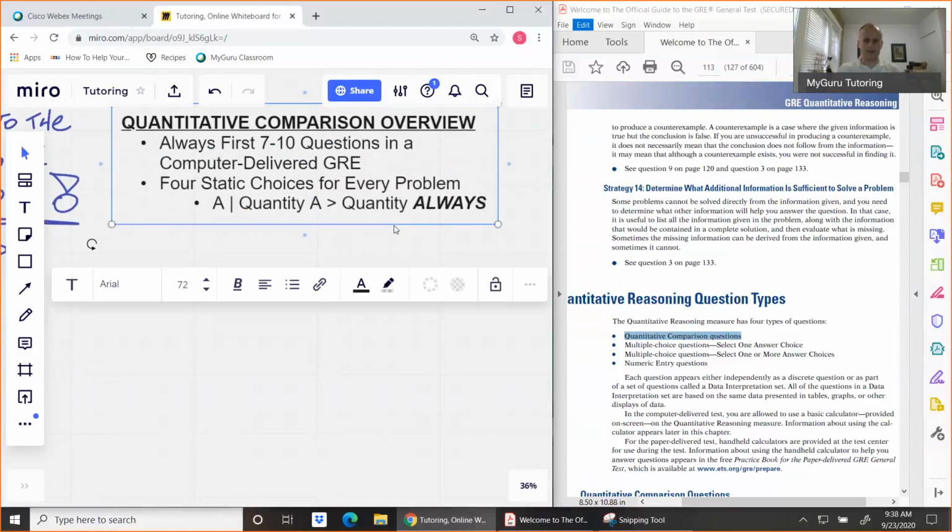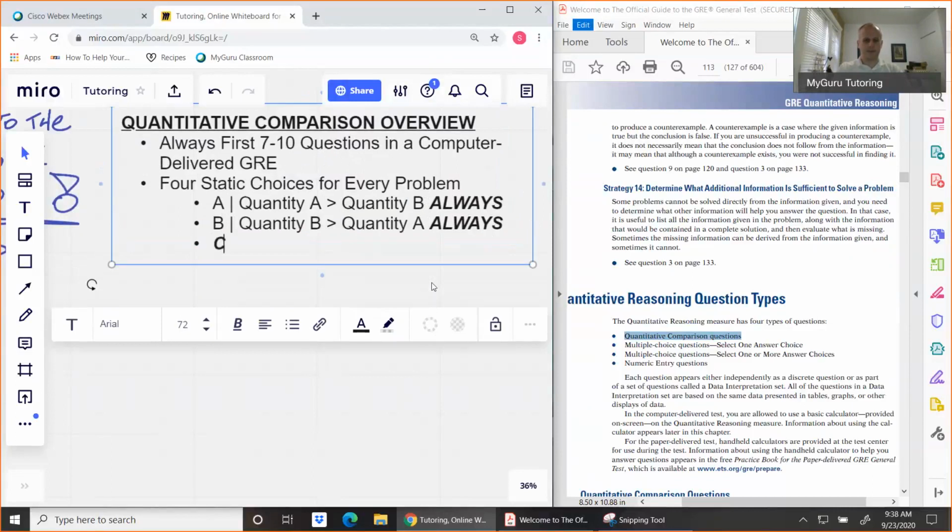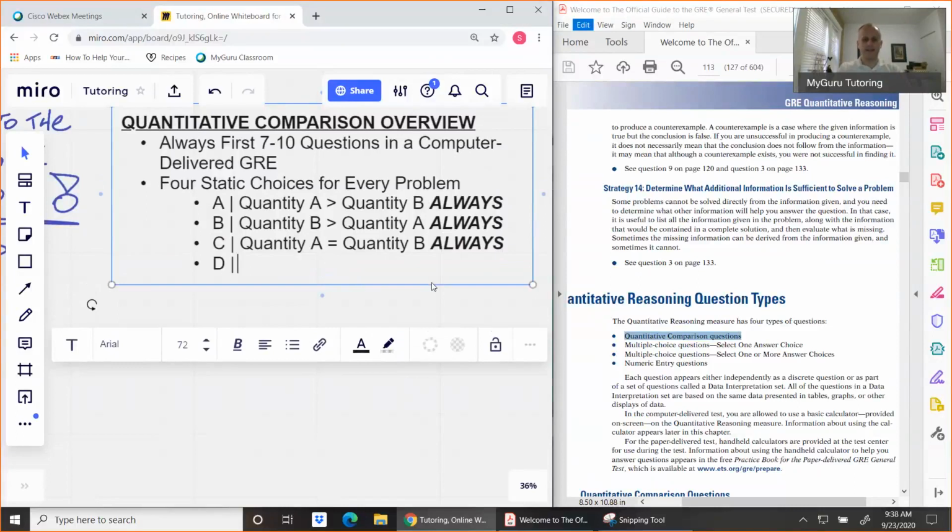Choice B means that quantity B is always greater than quantity A. Choice C is that quantity A is always equal to quantity B. And choice D is that there is no consistent relationship between the quantities.